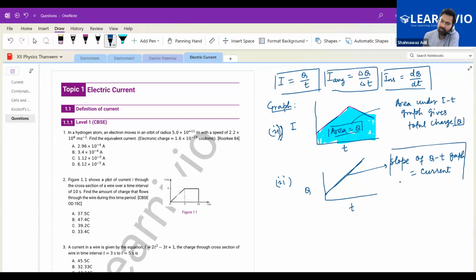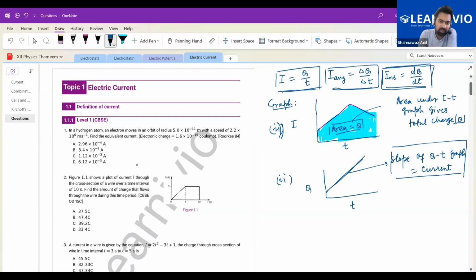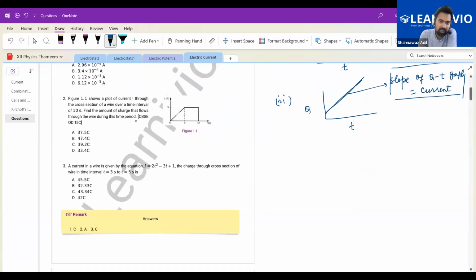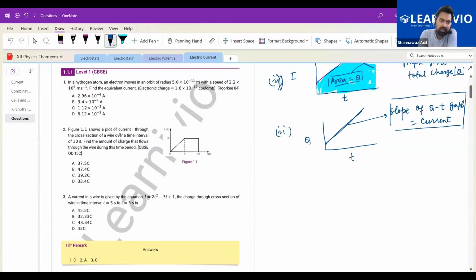So this is the graphical understanding of the current, and these are the physical descriptions of the current. Depending upon these two things, we will solve all these questions, using these ideas.